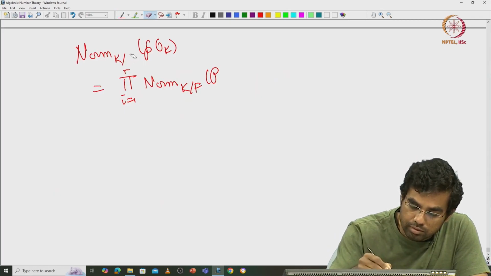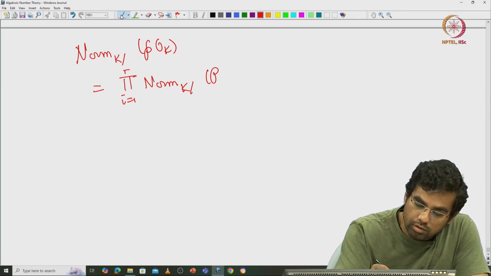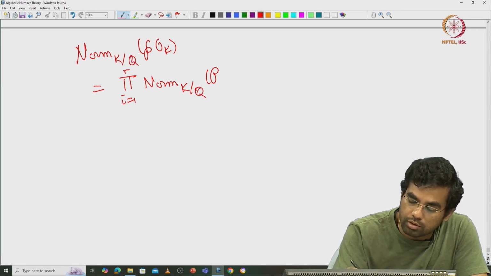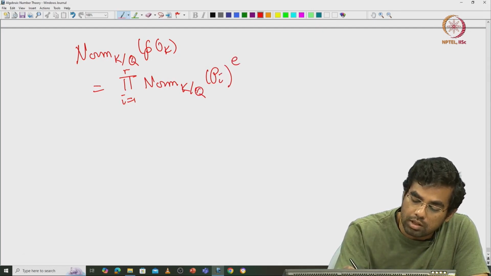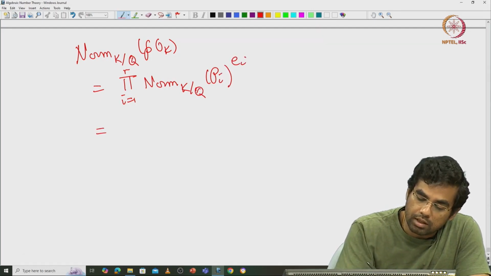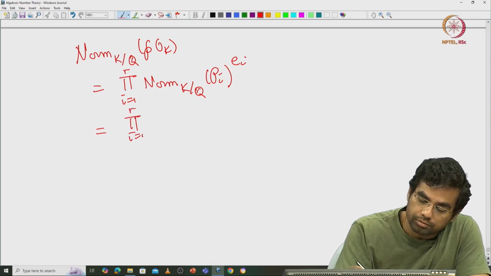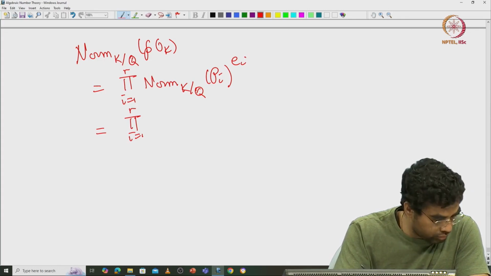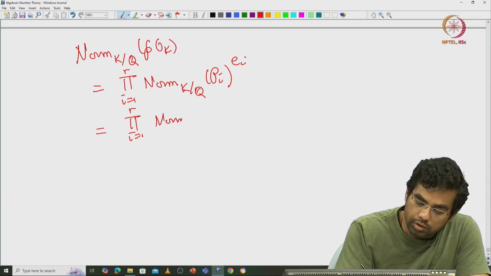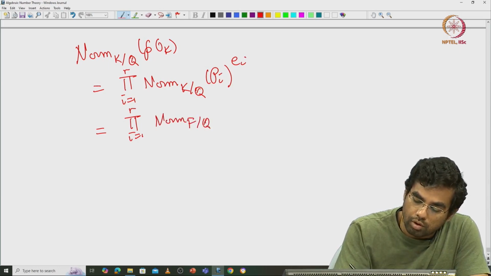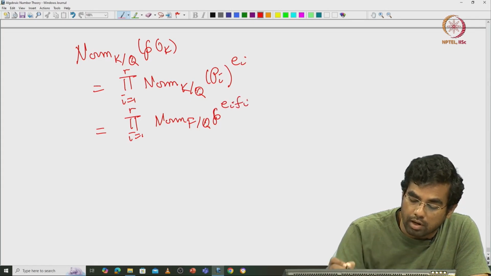So, the norm from K to Q of pi to the e_i, but this thing is the same as the product of i going from 1 to r of the norm from F to Q of p to the e_i f_i.